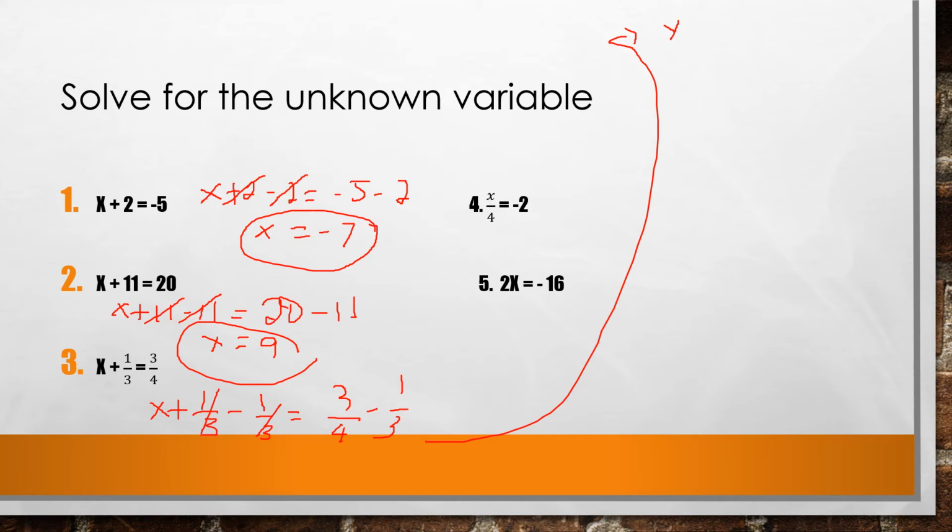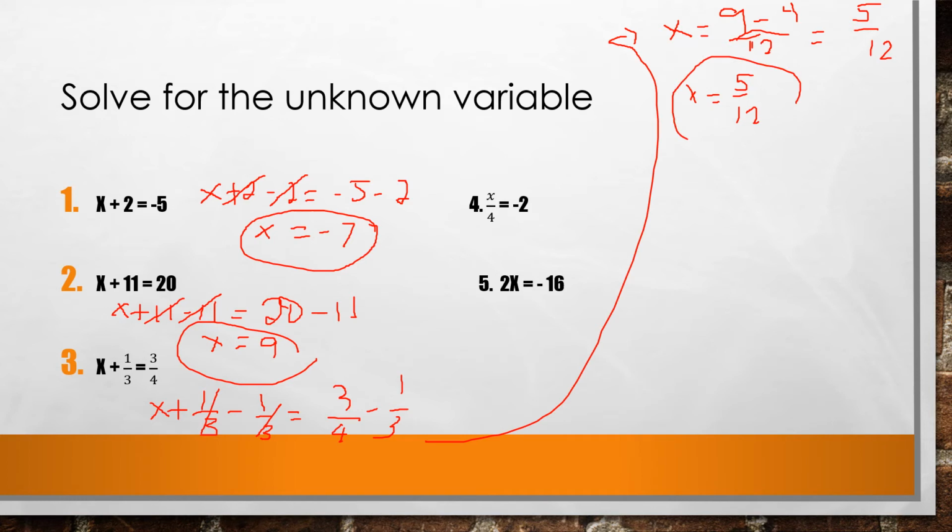So we have x is equals to, okay, so we will get the LCD of 4 and 3. So the LCD is 12. Or the least common denominator, 12 divided by 4 is 3 times 3 is equals to 9. 12 divided by 3 is 4 times 1 is 4. Okay, so 9 minus 4 is 5 over 12. So therefore, the value of x is equals to 5/12.